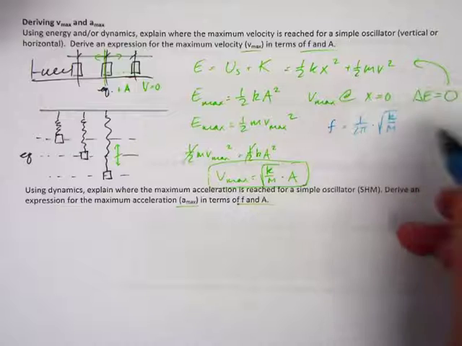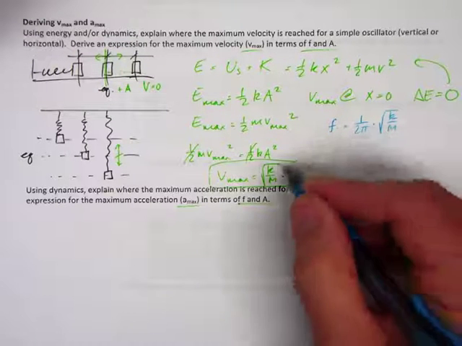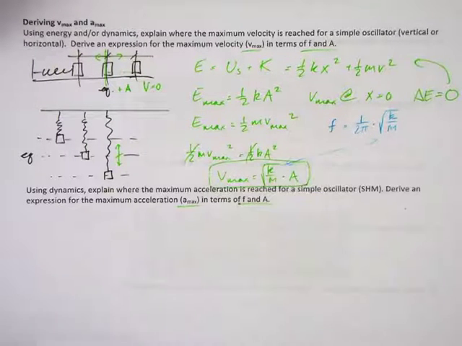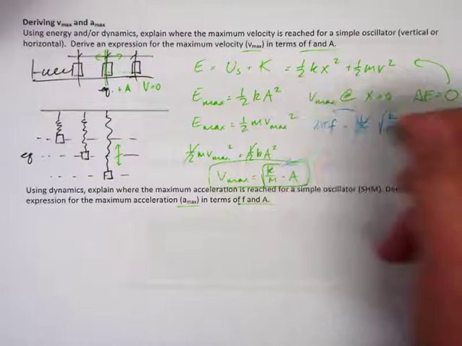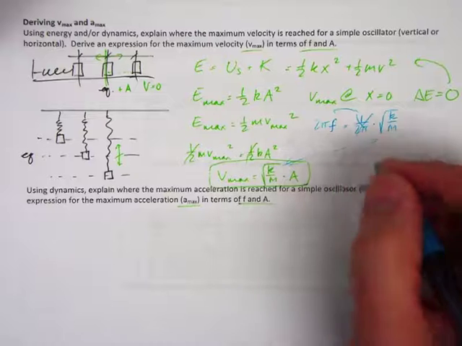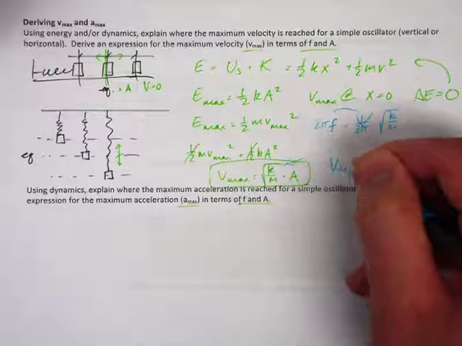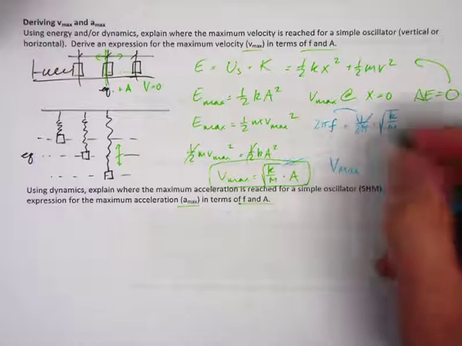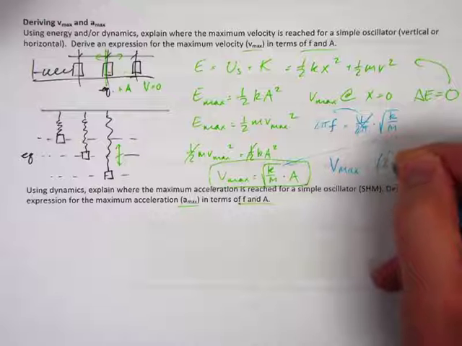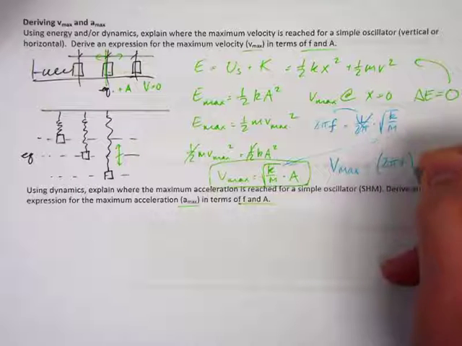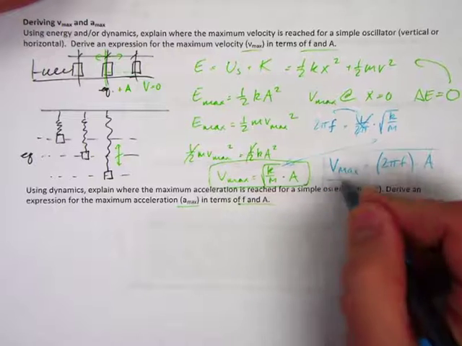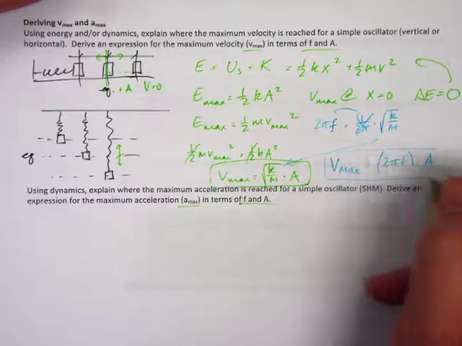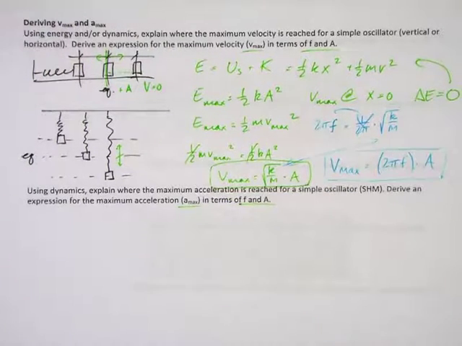Well, wouldn't you know, we have that root k over m here, right? So if I bring the 2 pi to the other side, I have 2 pi times the frequency is equal to root k over m. I can rewrite this as V max is equal to 2 times pi times the frequency times A. And that is a common expression to be solved for with a mass spring oscillator.